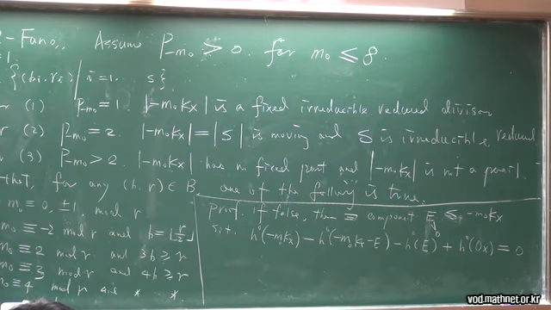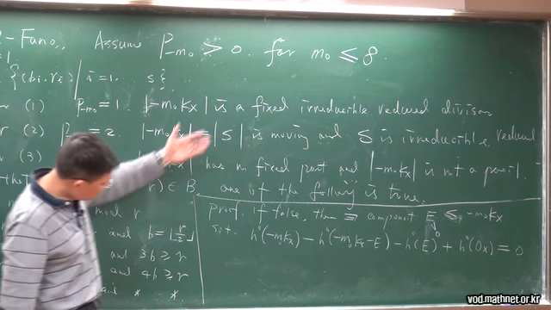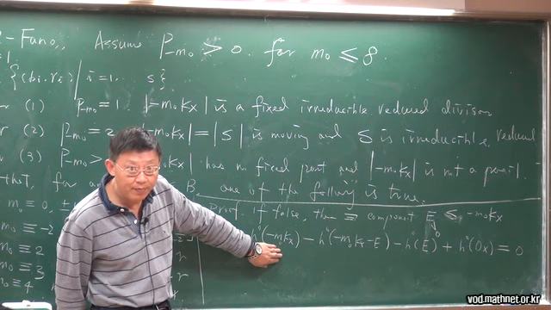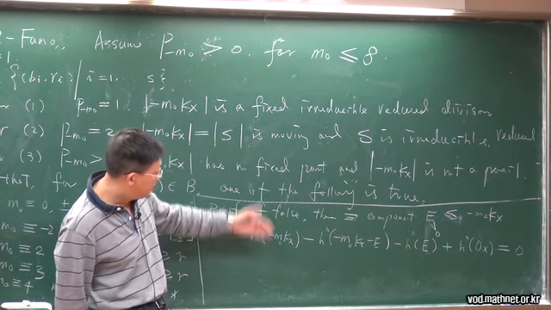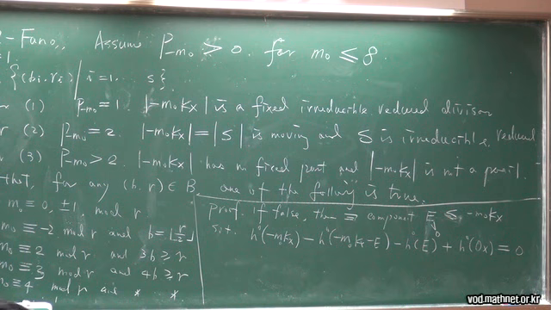So once you have this property, since it's Picard number 1 case, that means every effective divisor is ample. So the higher cohomology groups vanish, right?